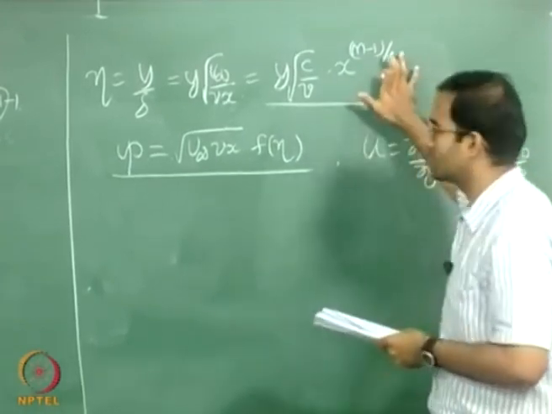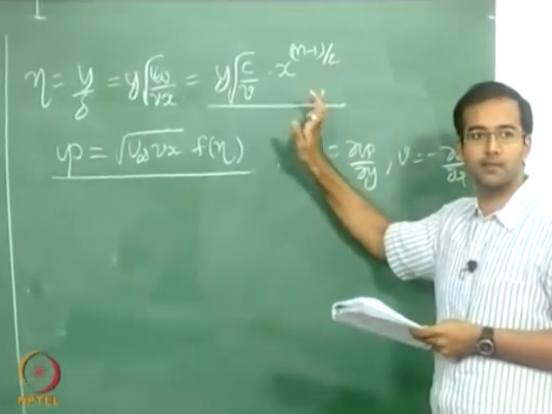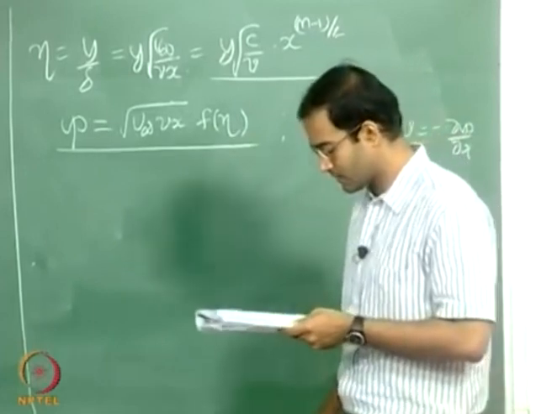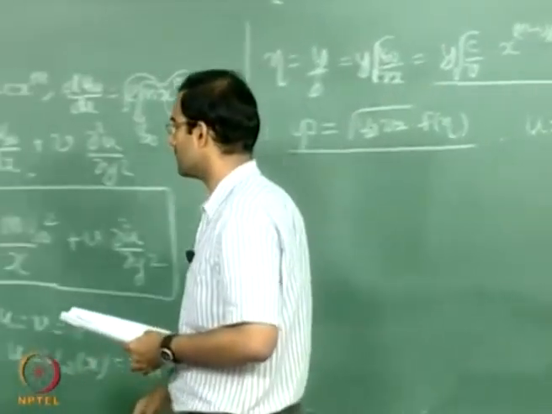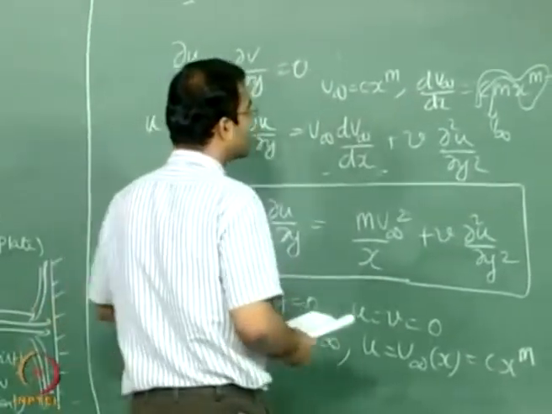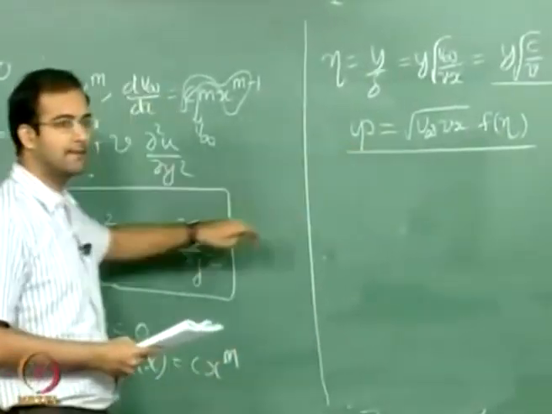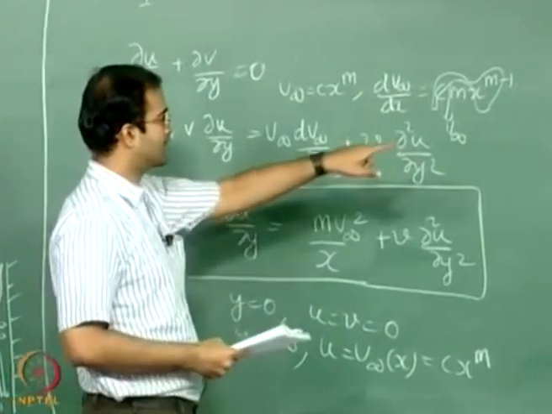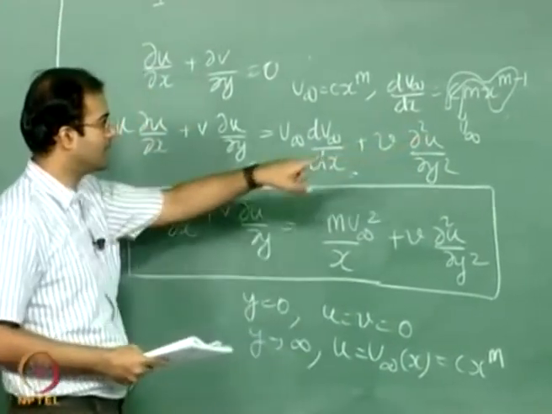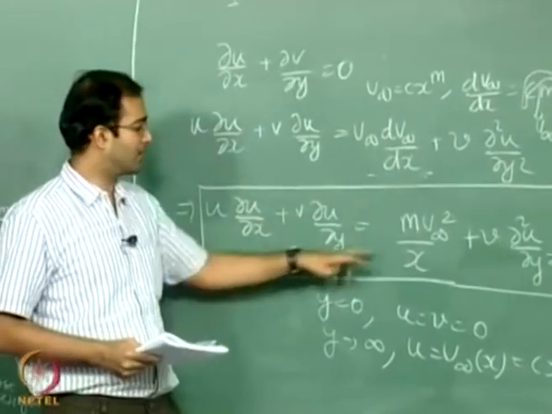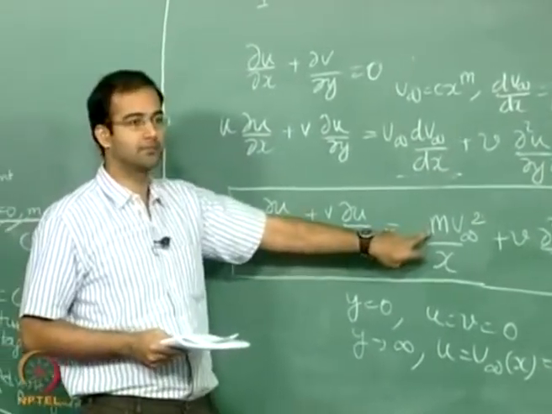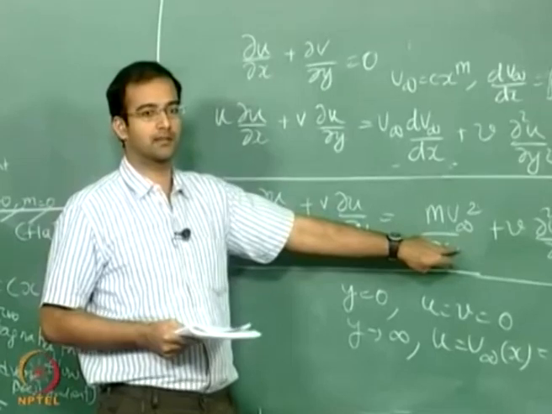So till now this is nothing new. This is the same thing we did for the Blasius solution. So all you need to do is substitute for the derivatives in terms of the stream function. Now the stream function is a function of f, so you can calculate u, v, and substitute all of them here. Only thing is you have this m, and u infinity is a function of x.